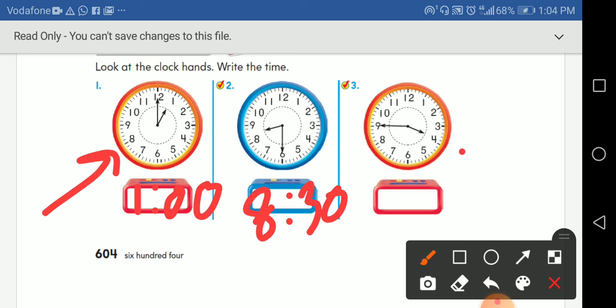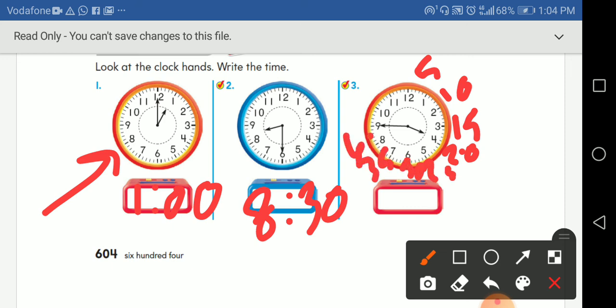Let's count it together to make sure you understood this. 5, 10, 15, 20, 25, 30, 35, 40, 45.